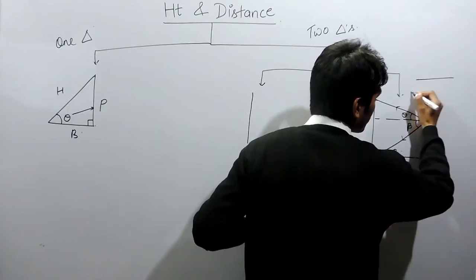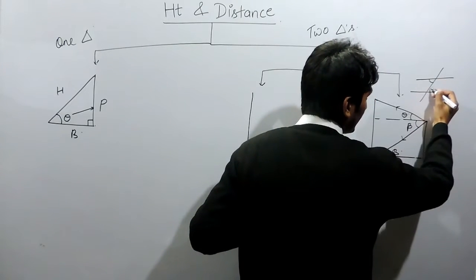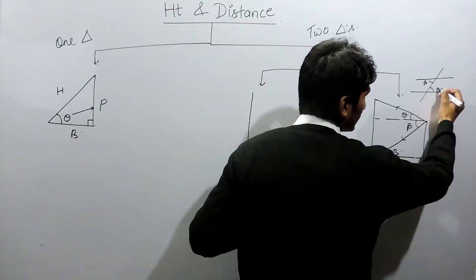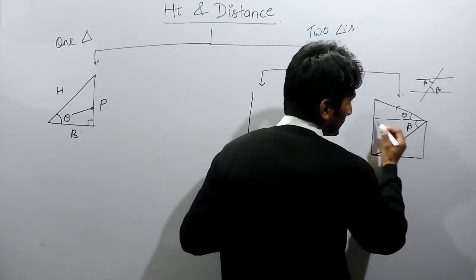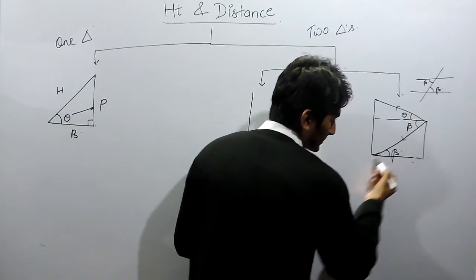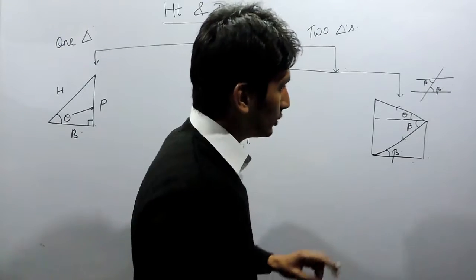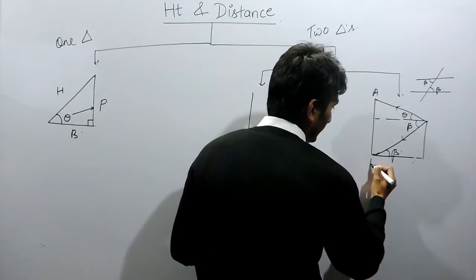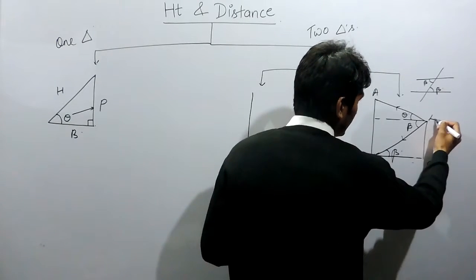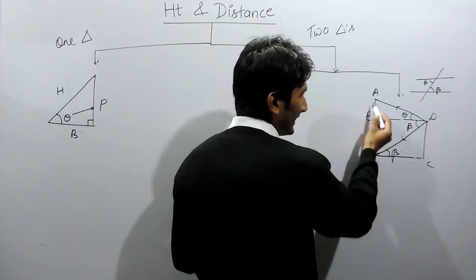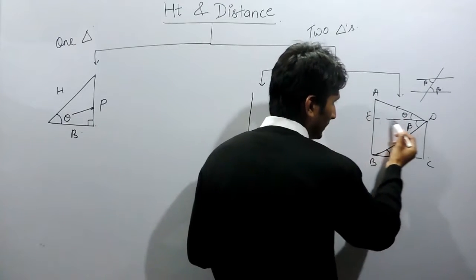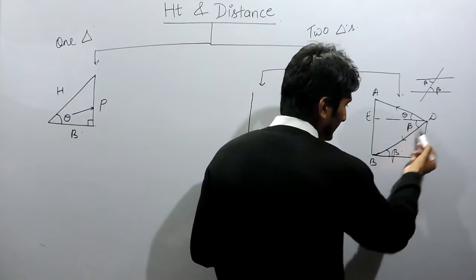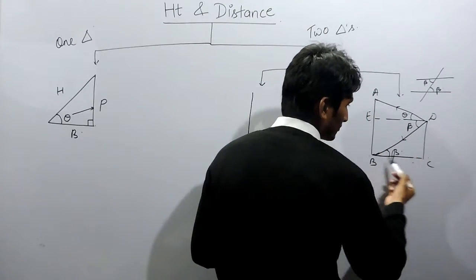These are alternate angles. So if this angle is beta, this should also be beta, because these 2 lines are parallel and this is a transversal. So here 2 triangles are formed. If I name them A, B, C, D, E, so AED is the first triangle, and similarly DBC is the second triangle.